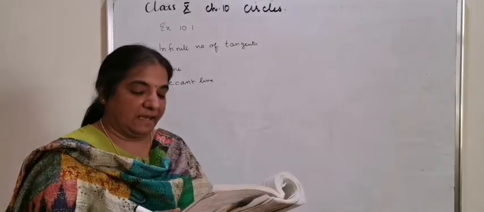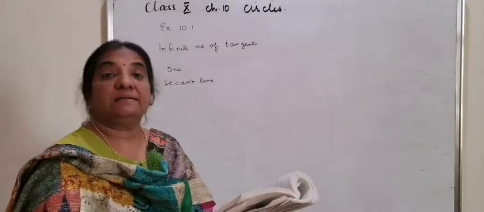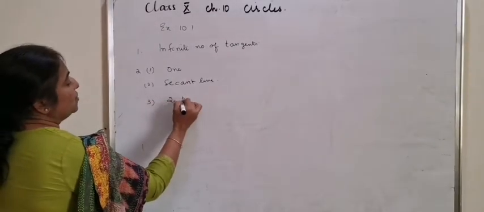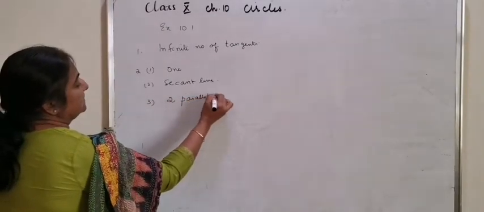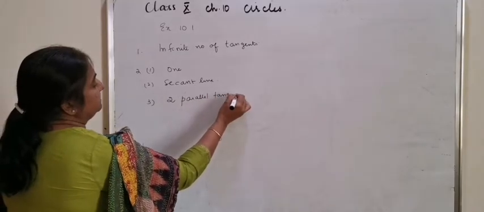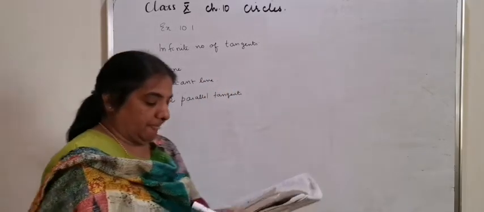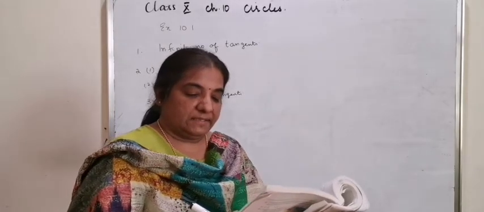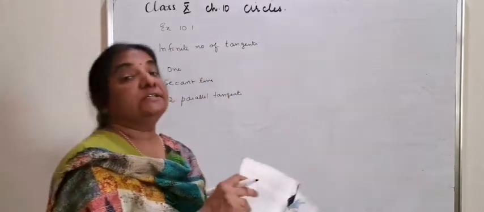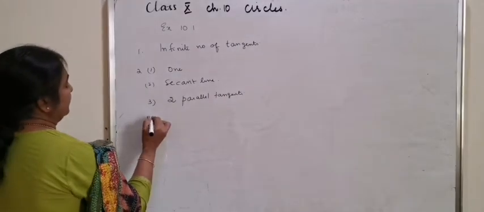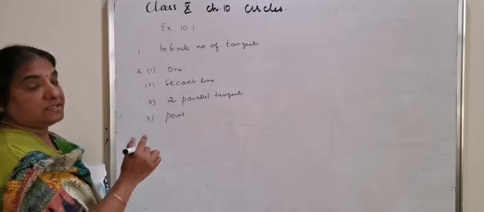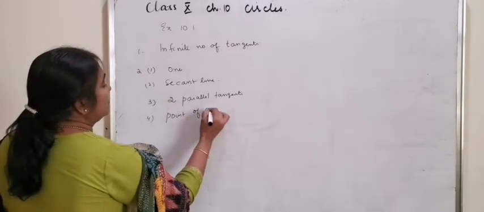A circle can have a maximum of 2 parallel tangents. The common point of a tangent to a circle and the circle is called the point of contact. The point where the tangent touches the circle is called the point of contact.